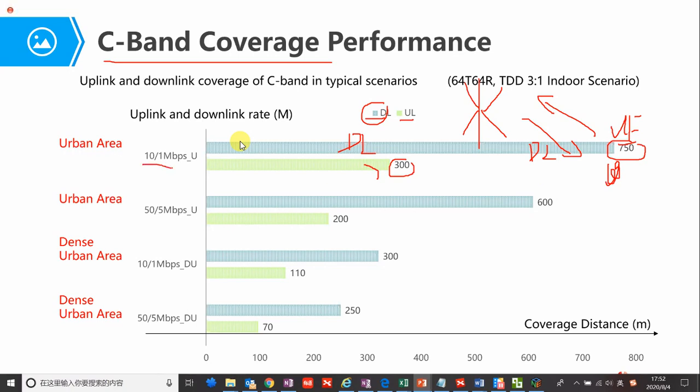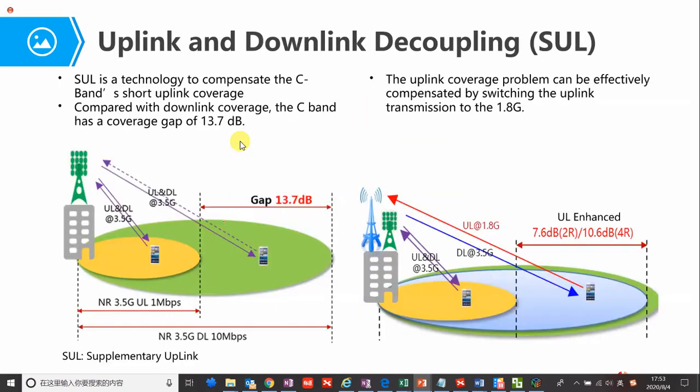We can say uplink 10 gigahertz, downlink 10 gigahertz. Uplink just has 1 Mbps and downlink 15 Mbps. So it's imbalanced. How to solve this issue?